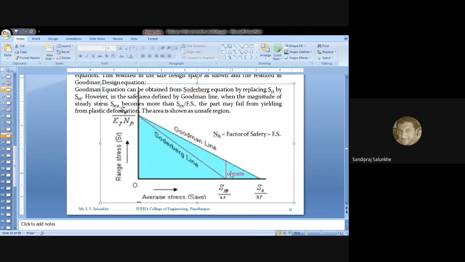If the point lies in this unsafe region, it is mentioned as unsafe by the Soderberg, whereas for the Goodman, that region is the safe region. So that is the difference between the Soderberg line and the Goodman line, and hence the Soderberg line is more safe as compared to the Goodman line.